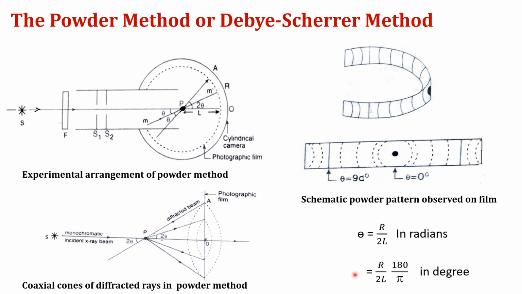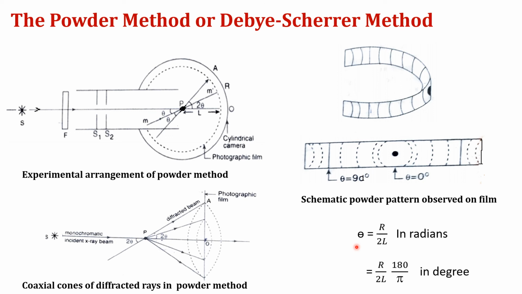Hence, we can easily determine the glancing angle theta for each and every set of parallel planes that are randomly oriented in a given sample. If theta is known, then it becomes possible to find the interplanar spacing between the parallel planes.